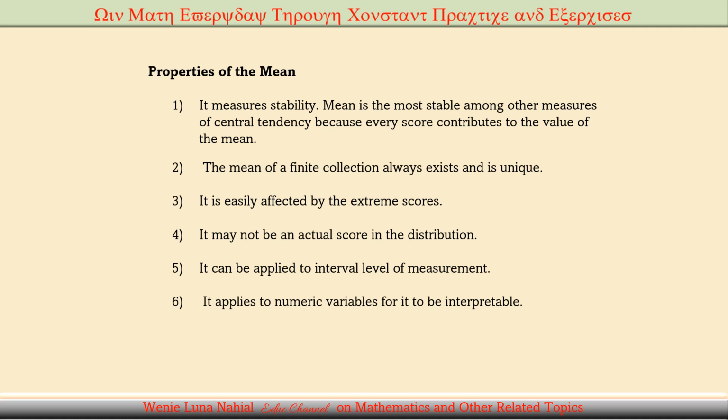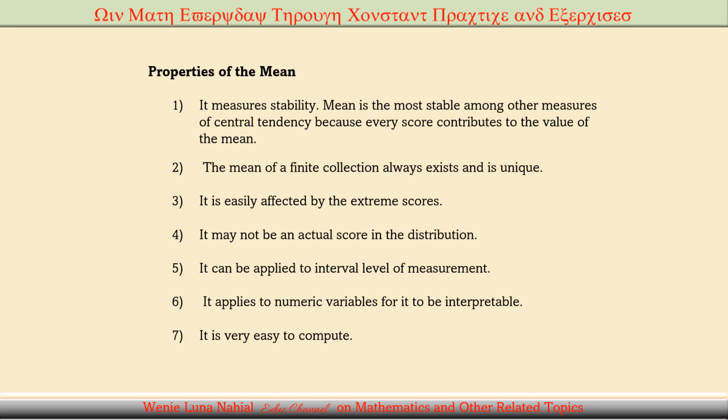So we cannot apply mean to qualitative data like the nominal data and the ordinal data. So mean is applicable to numeric variables, so we can have an interpretation for that.